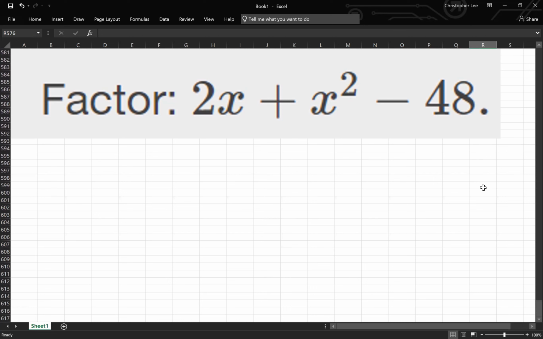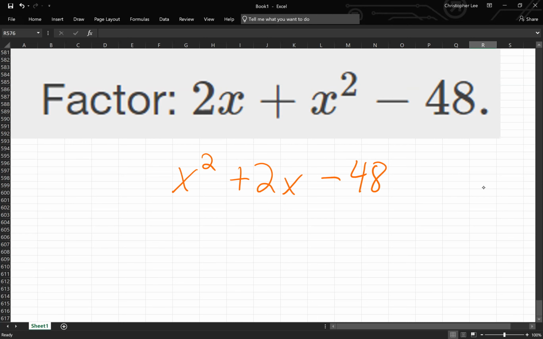We all know that 1 plus 2 is 3, and 2 plus 1 is 3. So it doesn't matter the order I put it in when I'm adding. So I can rewrite this with confidence: x squared plus 2x minus 48.